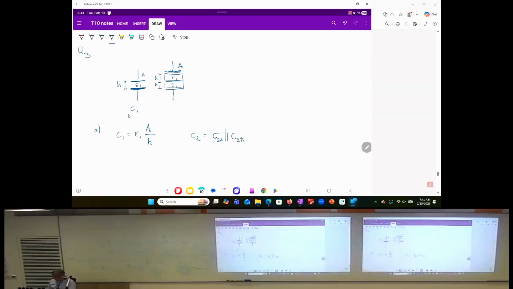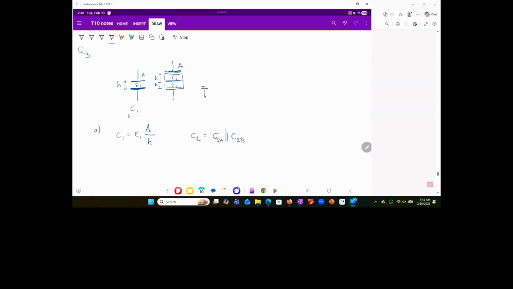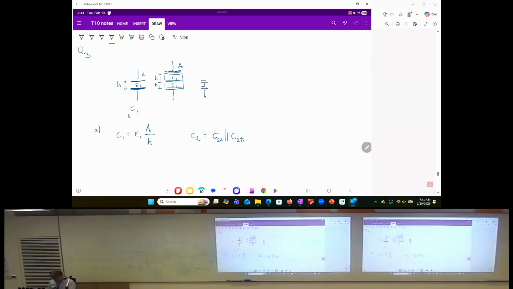We can take the equivalent circuit that we have derived here in the class for a layered capacitor with two layers in series.